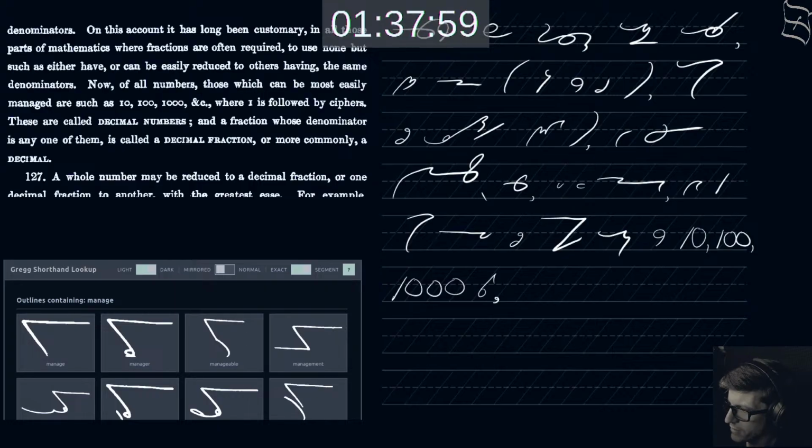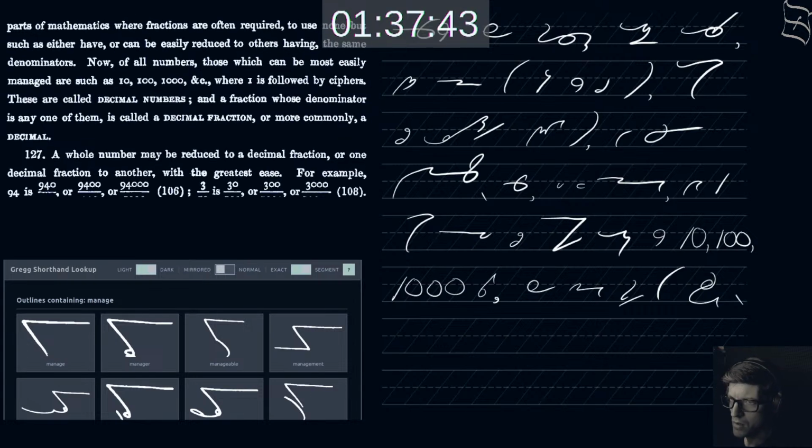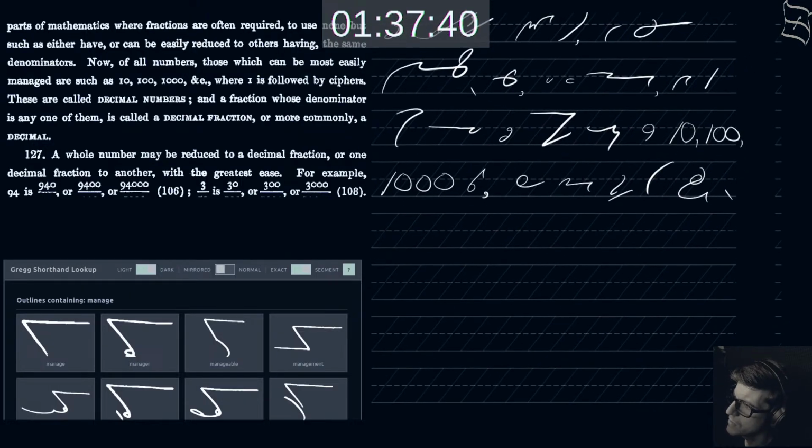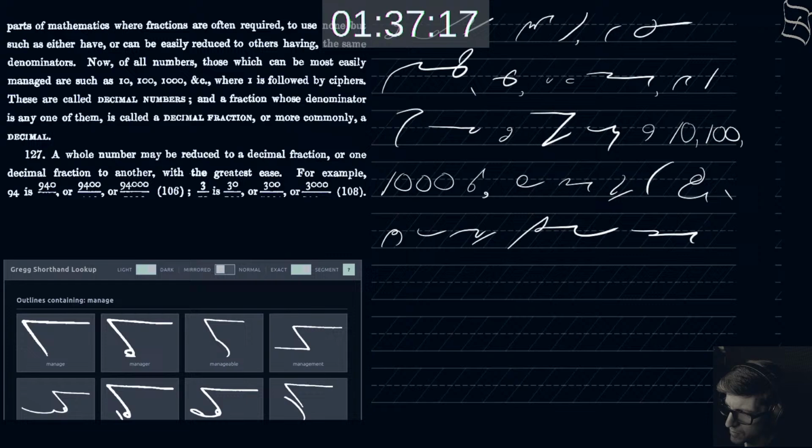Where 1 is followed by ciphers. These are called decimal numbers.